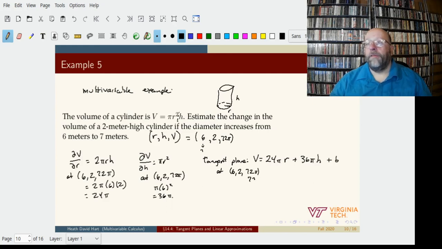We get 72 pi equals 24 pi times 6 plus 36 pi times 2 plus b. And if we solve all this out, we get b equals negative 144 pi.